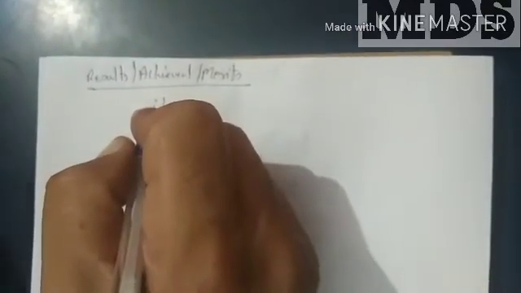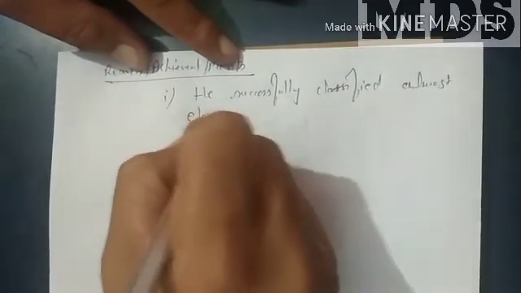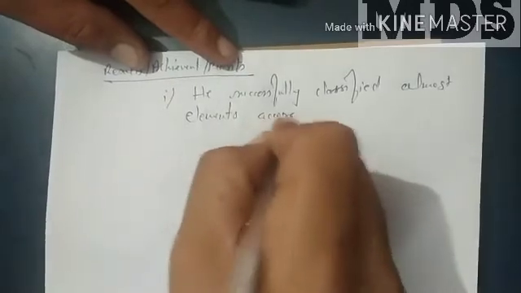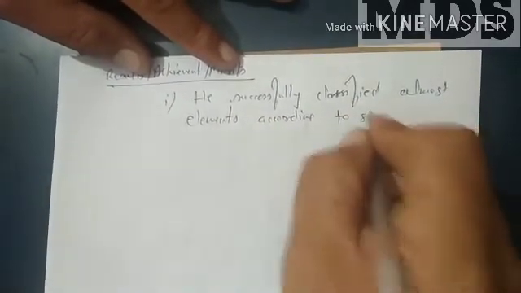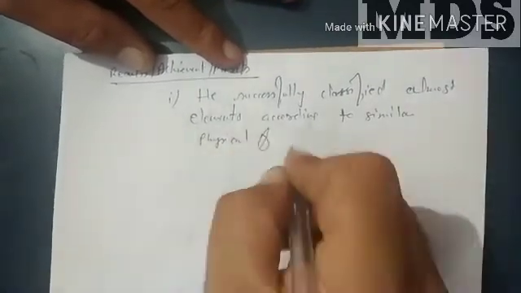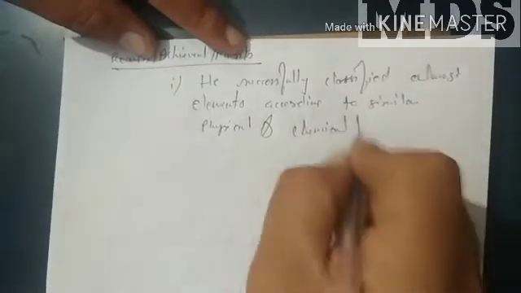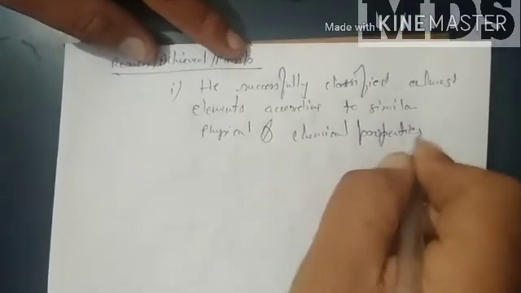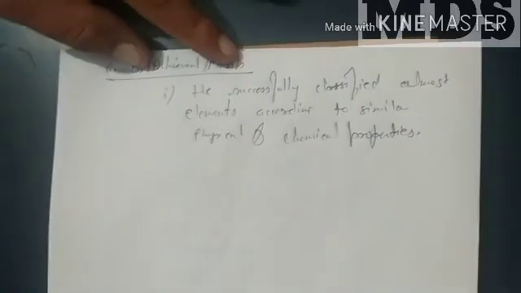So first achievement: always the same, that he successfully classified almost all elements according to similar physical and chemical properties. This achievement you can write down in every classification.